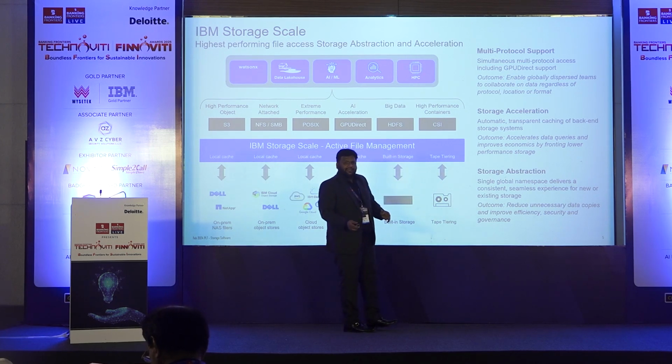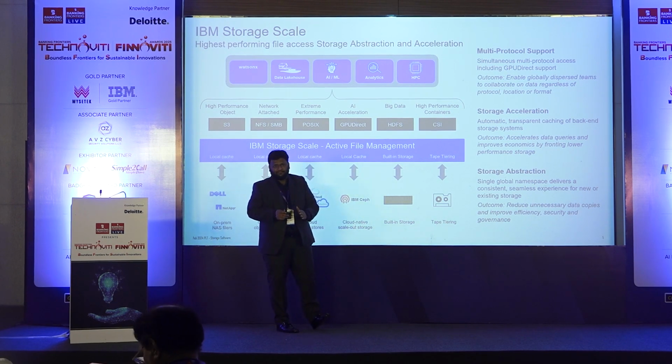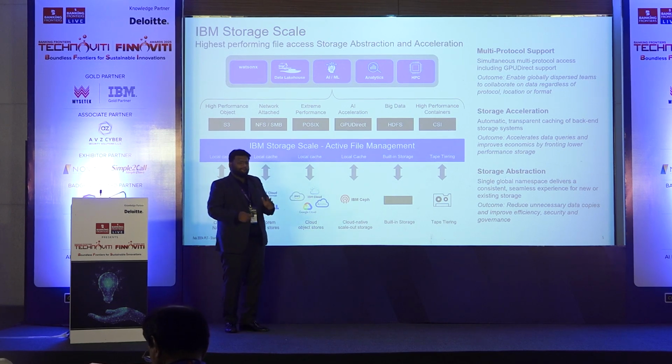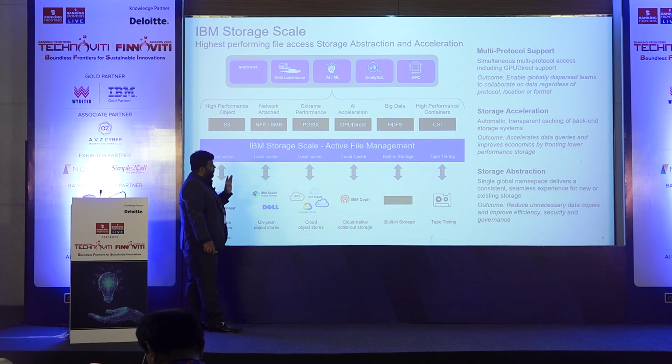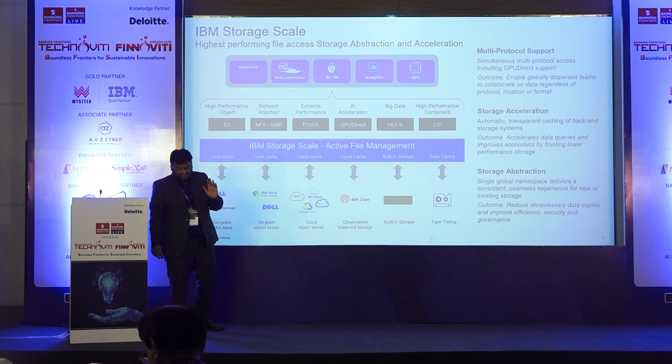Now, that is something which a normal storage or any average distributed file system or an object storage or scale storage would not be able to do, right? This is a performance storage, and it has local caching built in, it has tape tiering built in, and it is being used.